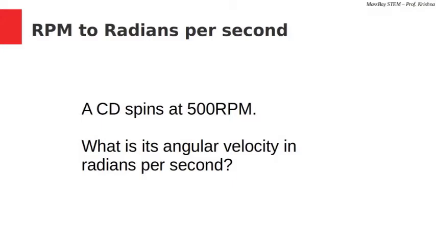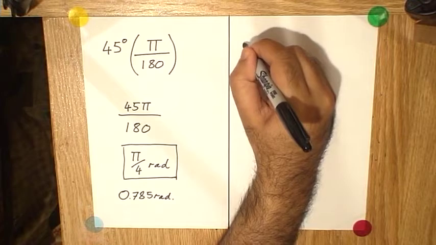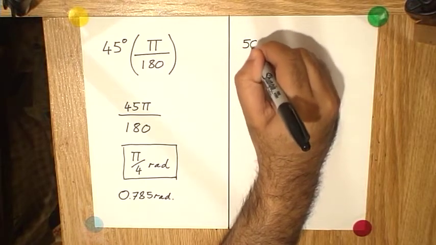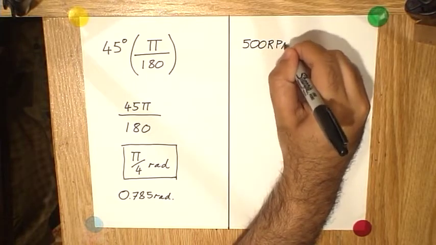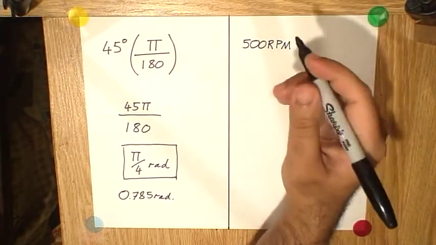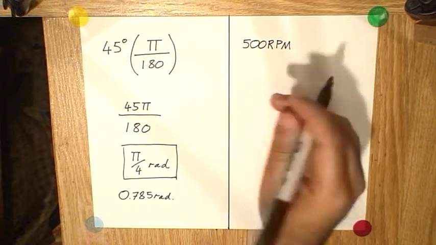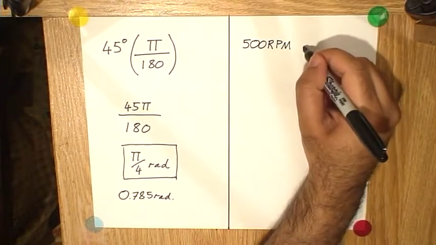A CD spins at 500 RPM. What is its angular velocity in radians per second? In this question, we have been told to convert 500 revolutions per minute into the more standard unit of rotation, which is radians per second.